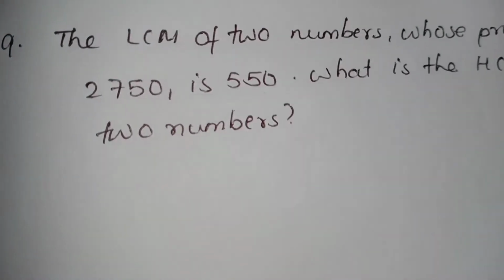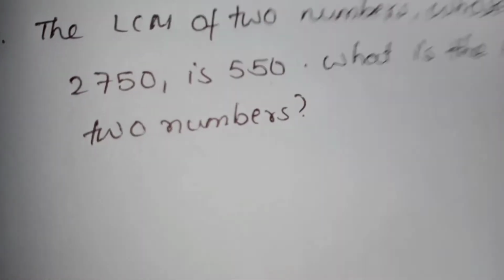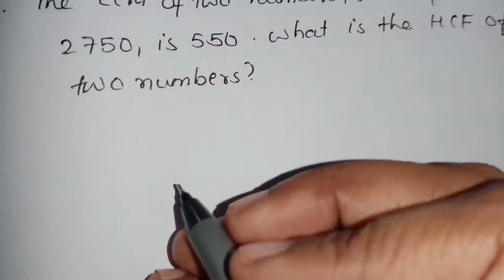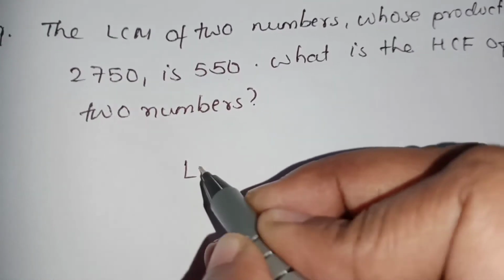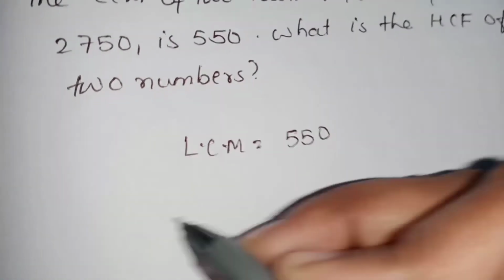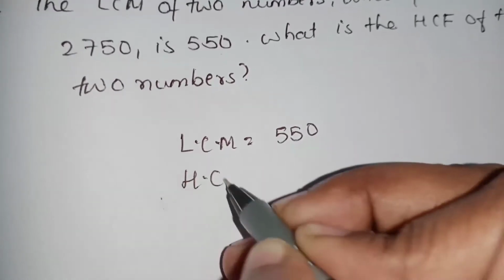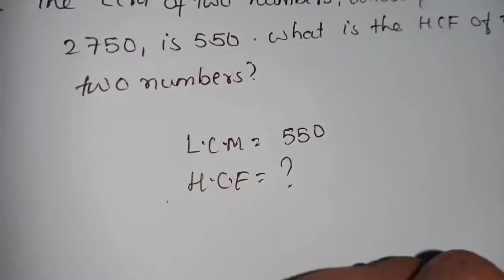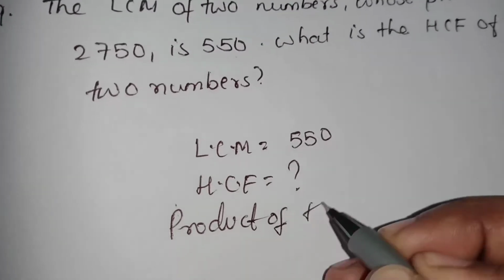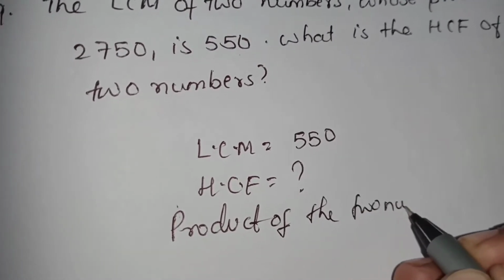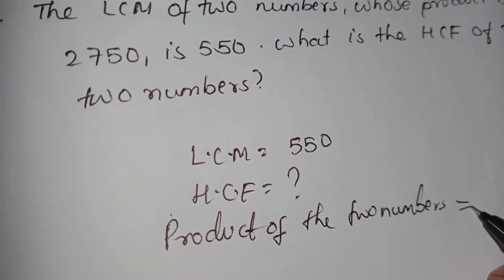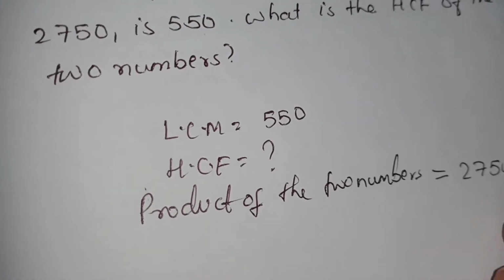Okay, so what we will do is write first what is given. The LCM is given, the LCM is 550. They have asked us to find the HCF, so we put a question mark, and the product of the two numbers is 2750.